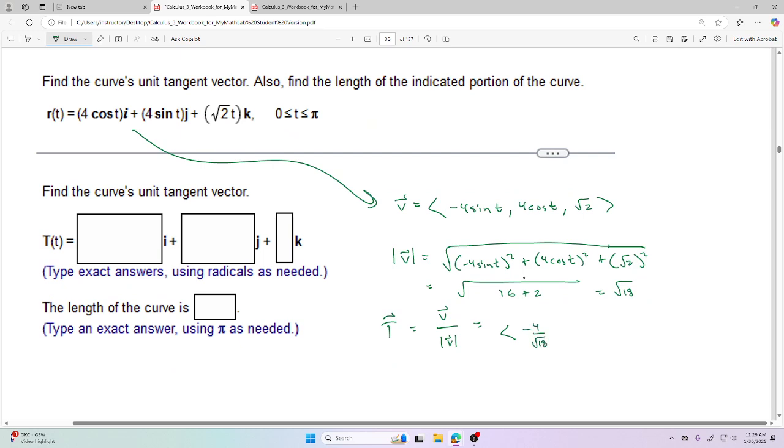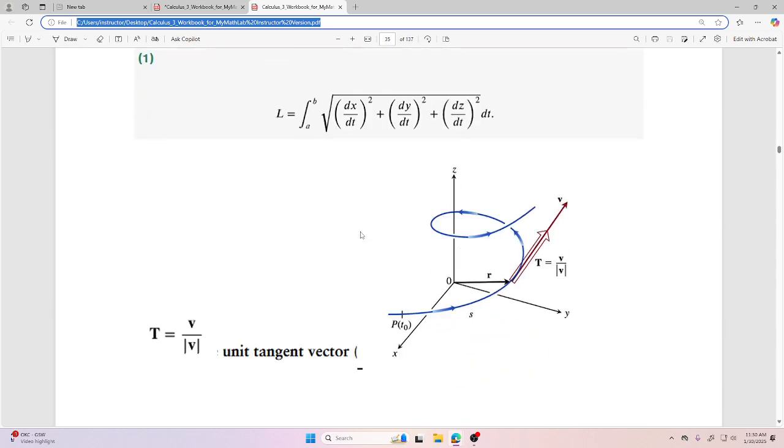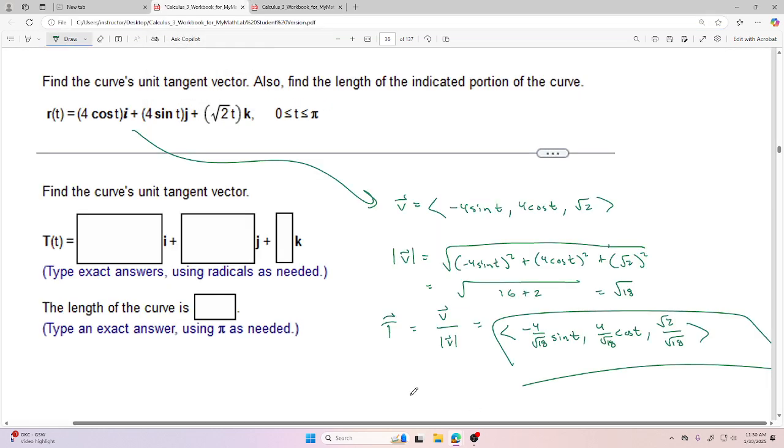And you do not need to simplify, obviously. I'm going to flash the answer here in just a second. Cosine of t. And then square root of 2 divided by square root 18, I guess. I don't know. So let's check that out. Did we do it? I know, right?